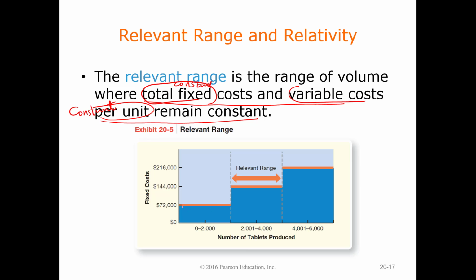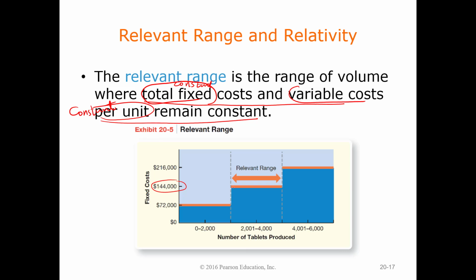So if my capacity, for example, in the factory is 2,000 units, whenever I'm producing unit 2, 3, 4, up to 2,000, the cost will be fixed, the rent will be the same. But if I'm going to produce more than 2,000 units, I will need to rent another machine. So the fixed cost will increase.